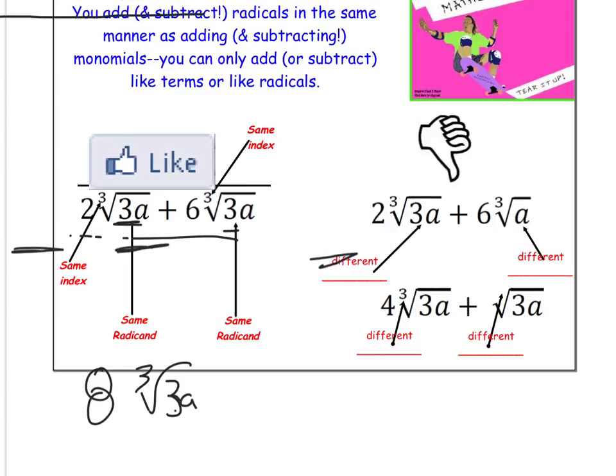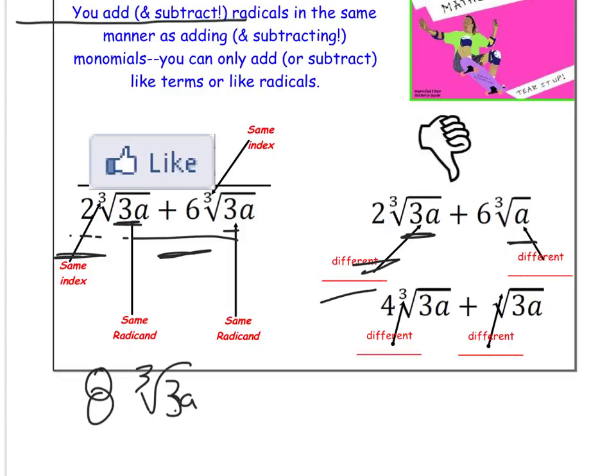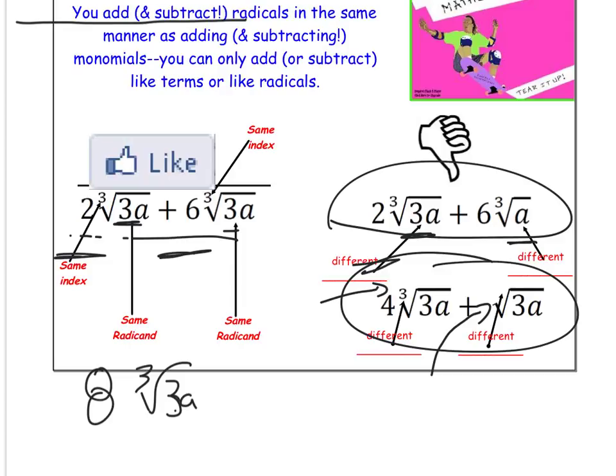These over here are different underneath the square root, and over here they're raised to different roots. So I cannot do anything with those. These are as simplified as they can be right now.